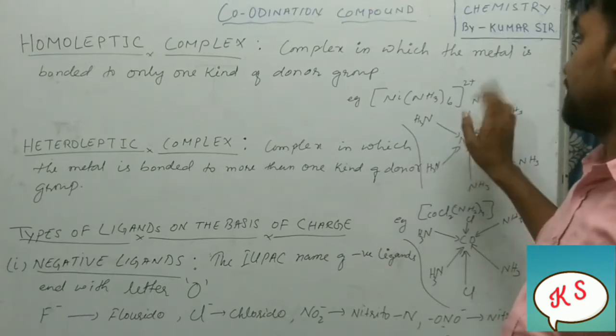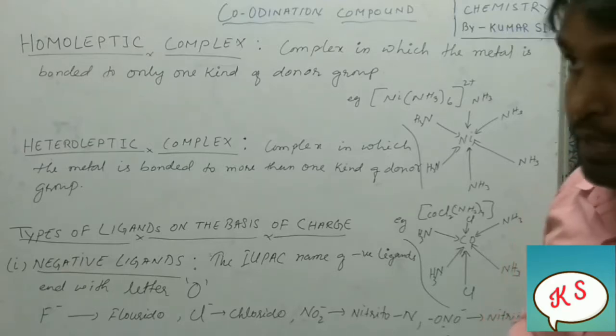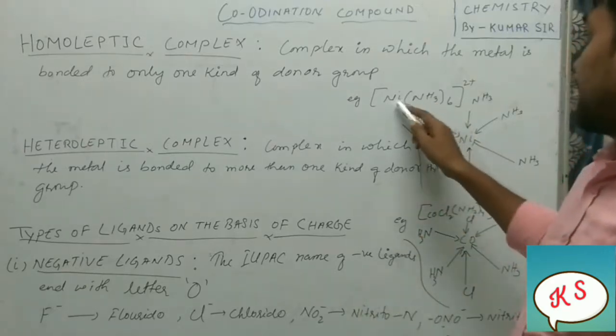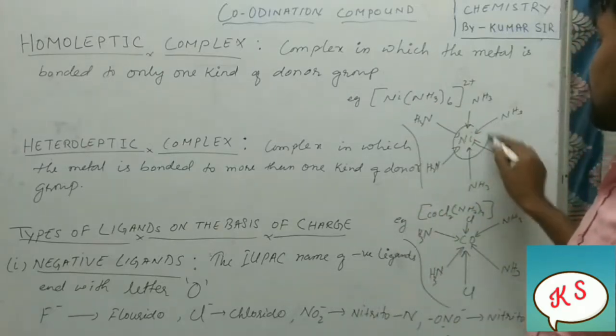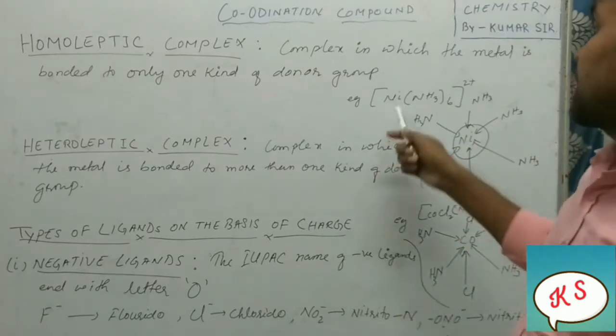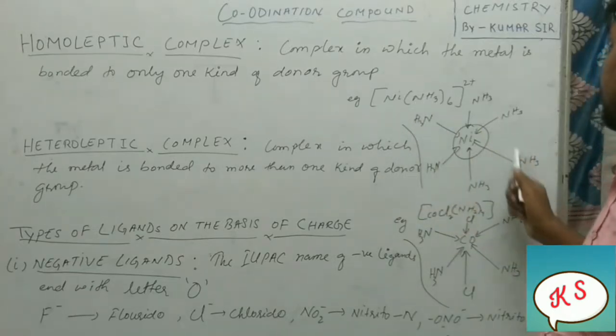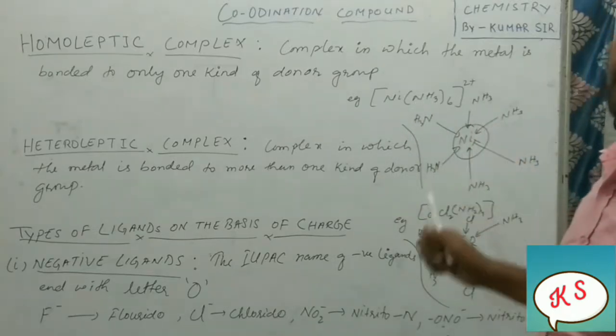[Ni(NH3)6]2+, right or not? Here I have shown the coordinate bond formations. Let us see. Ni is the central metal atom here. You can see that this Ni is only bonded through whom? N, and N, right or not?